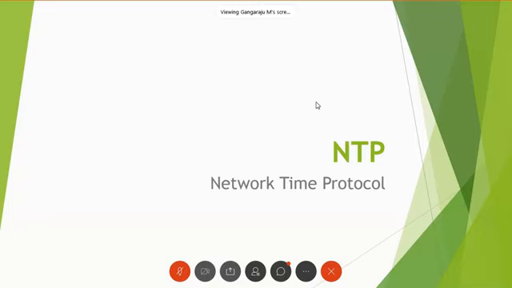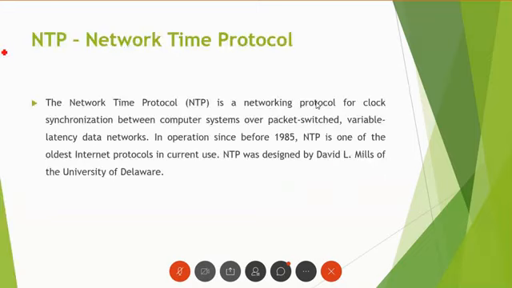Okay. So now let's dive into this protocol and see internally what it is and what it does. NTP is also an open standard protocol like SNMP, HTTP, FTP, etc. Its function is to have a common time across all the network devices. We call that time synchronization. NTP provides time synchronization between computers.